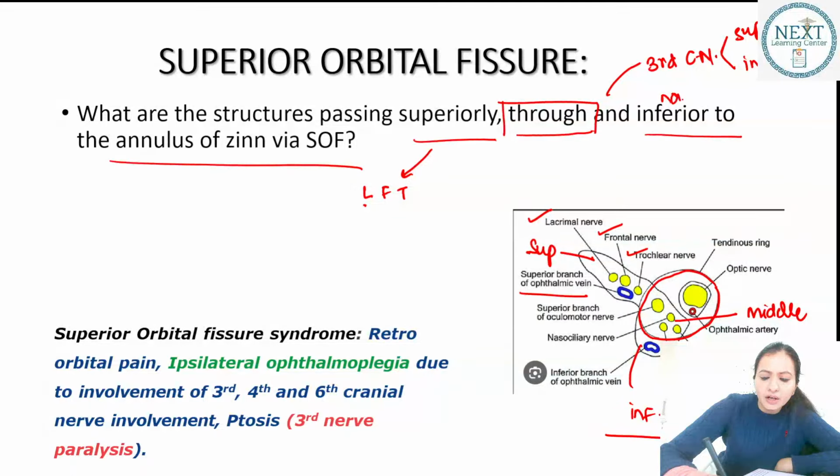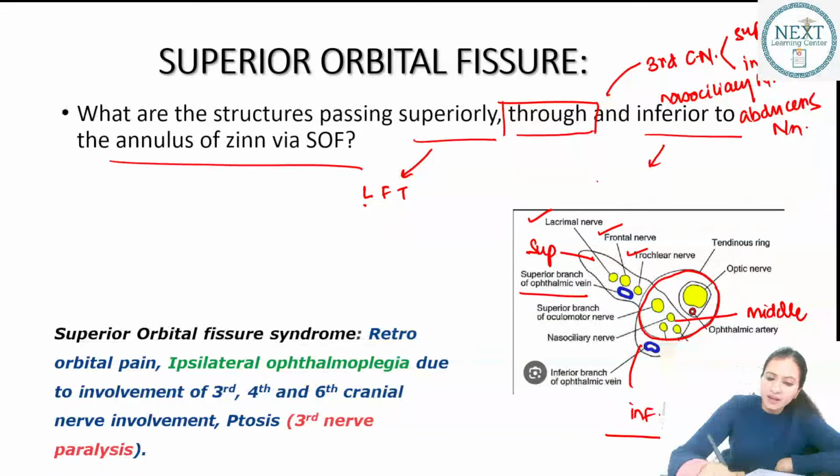Along with that, your nasociliary nerve and the abducens nerve. If we talk inferiorly, nothing, only the inferior ophthalmic vein. So no cranial nerve passes inferiorly.